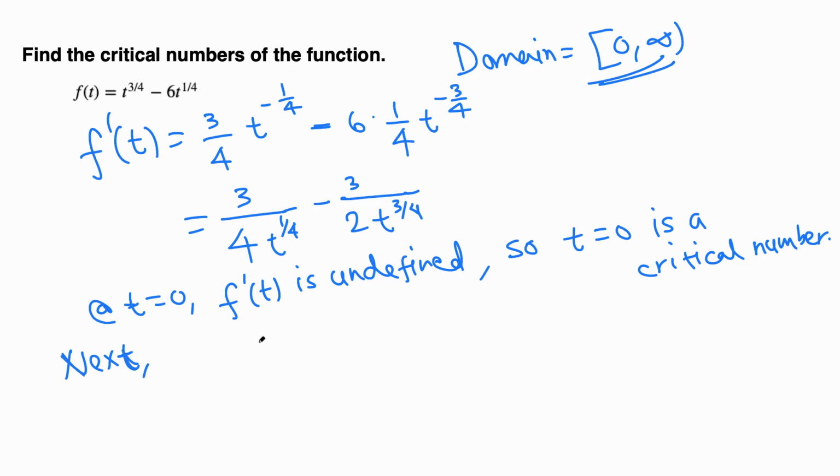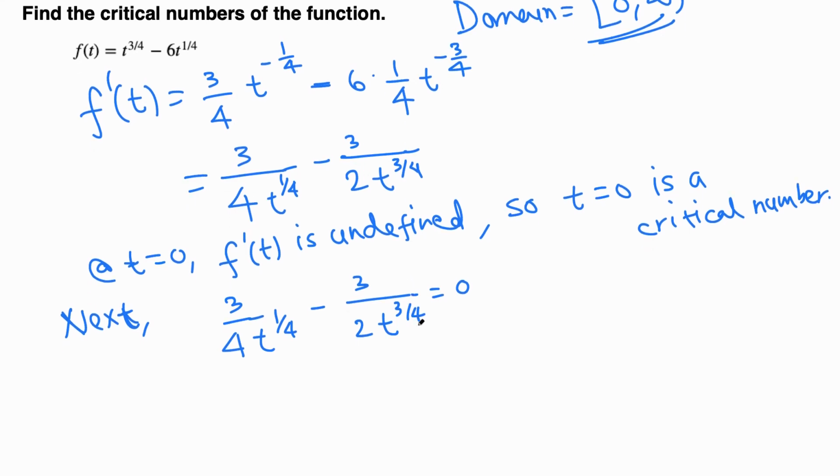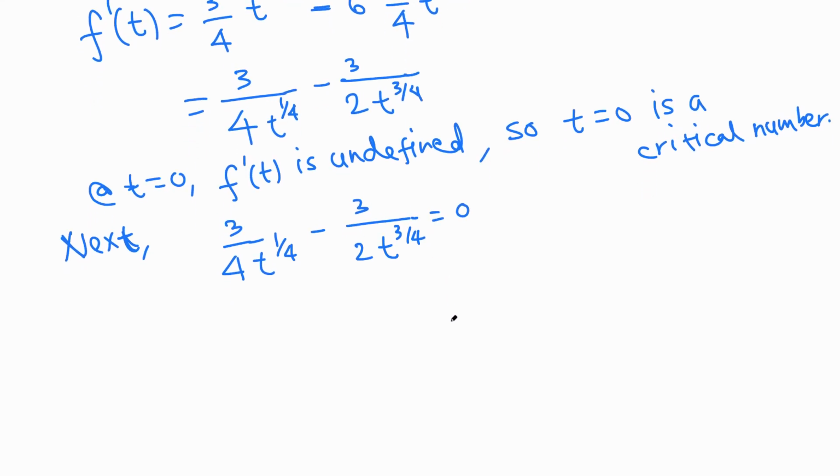Okay, this equals 0: 3/4 t raised to 1/4 minus 3/2 t raised to 3/4 equals 0. Let's solve this equation. Oh, we got only 2 fractions. Okay, let's move one of them to the other side. So 3/4 t raised to 1/4 equals, we are adding this fraction, 3/2 t raised to 3/4.